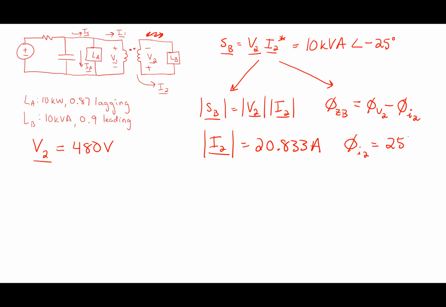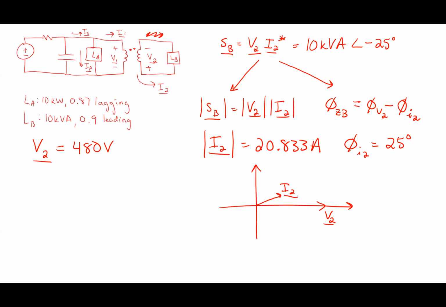25 degrees. So if I think about the relationship here, V2 is over here. Where's I2 relative to it? It would be up in the first quadrant. Their magnitudes are pretty different, so it's hard to draw them. But why do we call him leading?